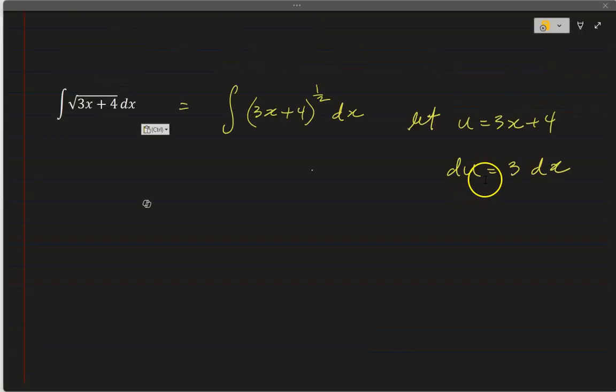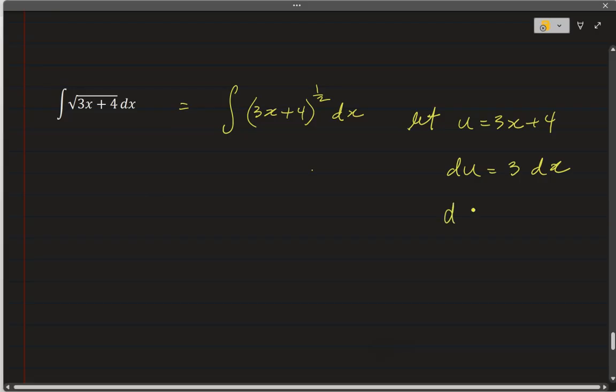Very good. When you go back to the original integrand, notice that we have dx in here that needs to be replaced by du. So we need to solve this equation, du equals 3 dx, for dx. When you do that, you get dx equals du divided by 3.